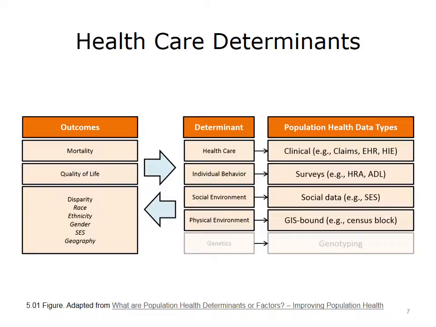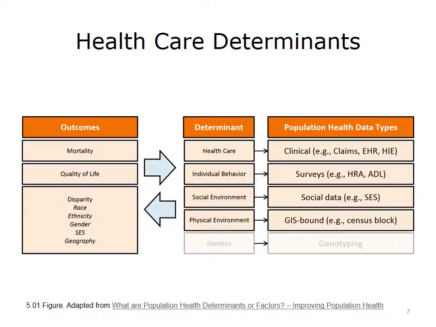This mapping of health determinants with population health data types continues with the matching of the individual behavior determinant with surveys, such as HRA and ADL, mapping of the social environment factors with social data types, such as socioeconomic status, SES, and finally the attribution of physical environment with geographically bound information, such as census data.